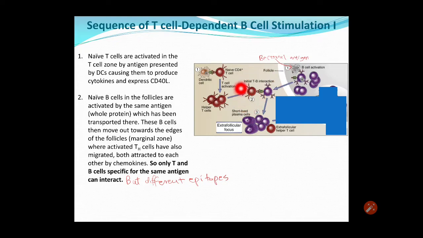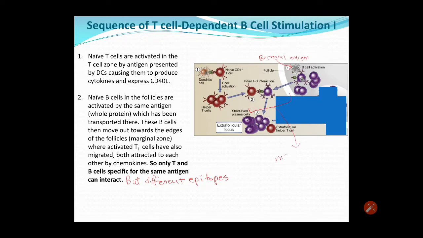At the same time, these B cells, having picked up this protein antigen, also express chemokine receptors which draws them to the same area. And this is what brings the specificity of a T and a B cell together through chemokine receptor interactions.